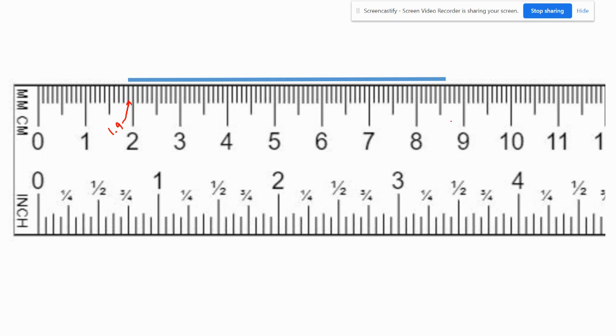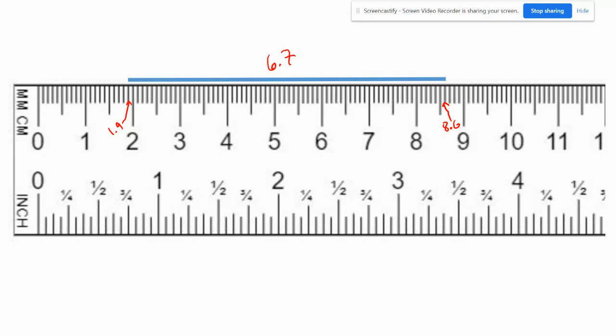I look at the other endpoint. This is 8.6. For me to know how big this segment is, the length of the segment, I just subtract those two numbers, 8.6 minus 1.9. I'm going to use a calculator for this. It tells me that this segment is 6.7.